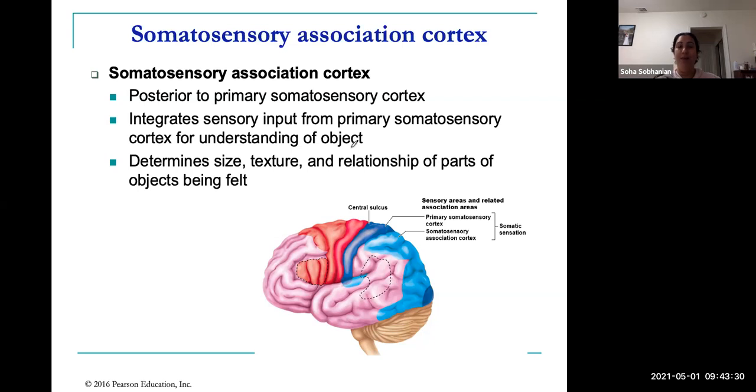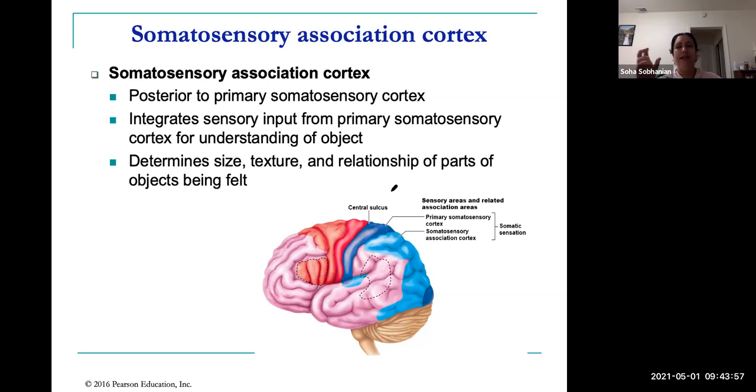For instance, if you put your hand in your pocket and feel something, figuring out the size, the texture, the relationship to everything else in there helps you figure out that, oh, I'm touching my phone, or my keys, or my wallet. Making sense of the data that you have is the association function.